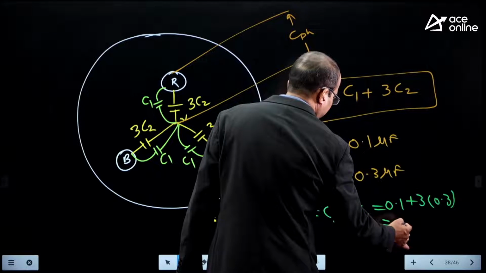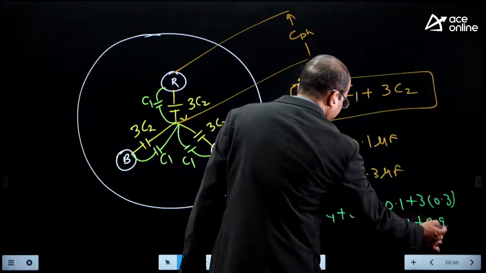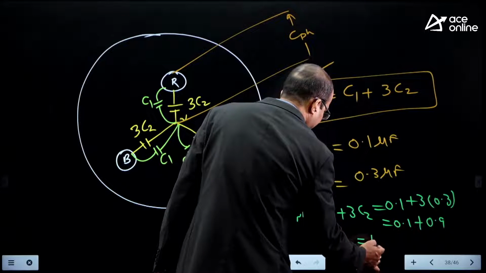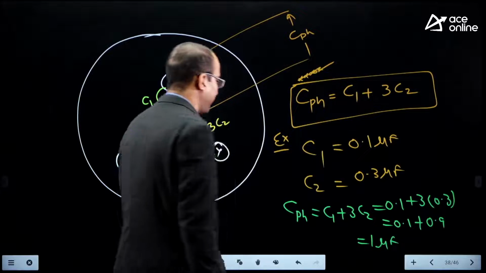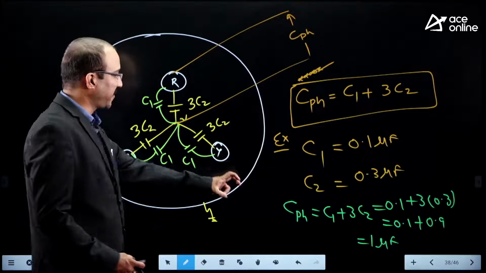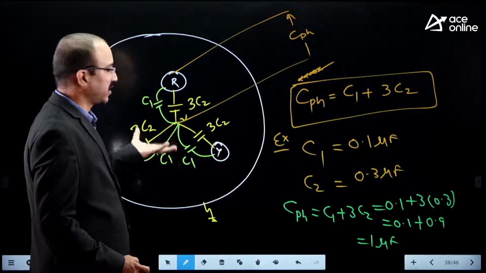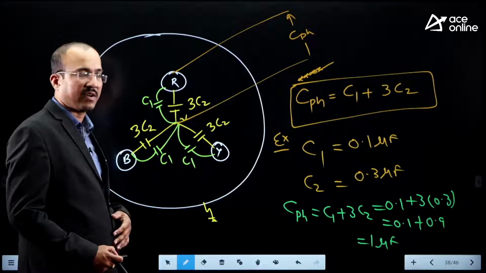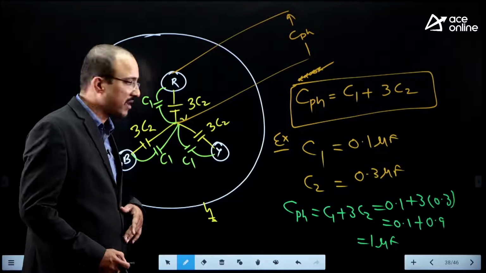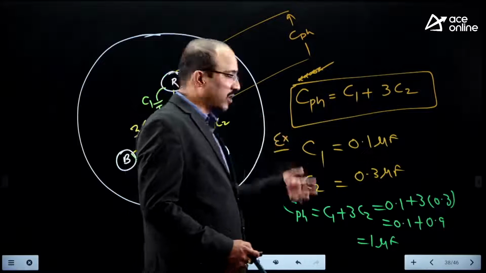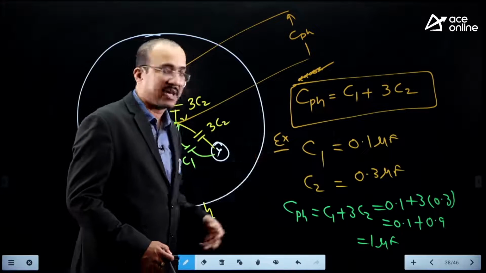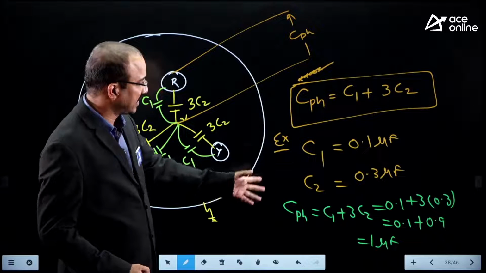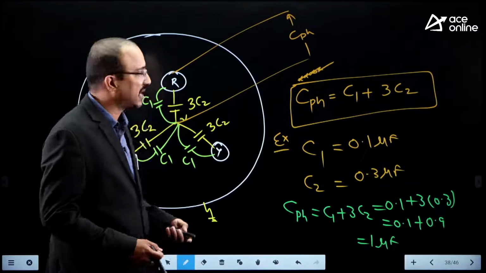This is 0.1 plus 0.9, that is 1 microfarad. This is the capacitance per phase in case of a 3-core cable. If core to core capacitance and core to sheet capacitance are given, we can calculate. This type of problem can also be asked in examination.